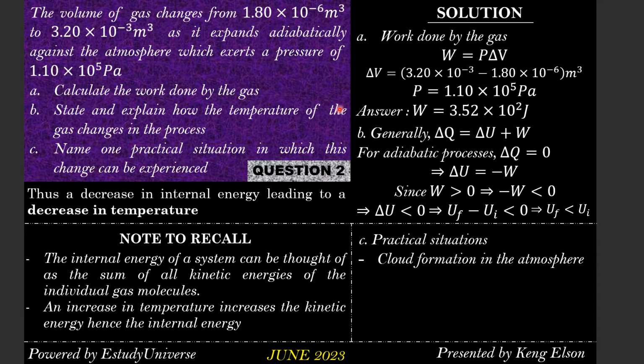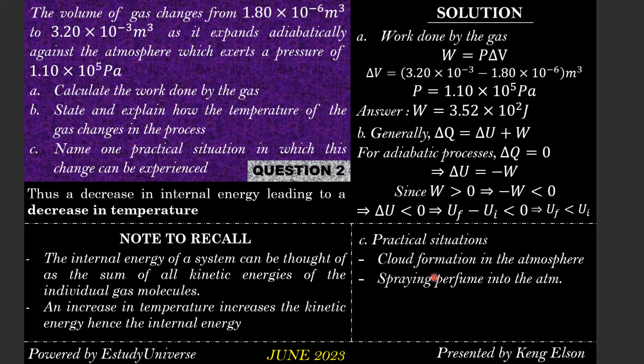So the first practical situation is cloud formation in the atmosphere. When clouds are being formed, the gases change in volume, and since they are formed in the atmosphere, the atmosphere will exert a certain pressure on the gas, and it's going to expand adiabatically.